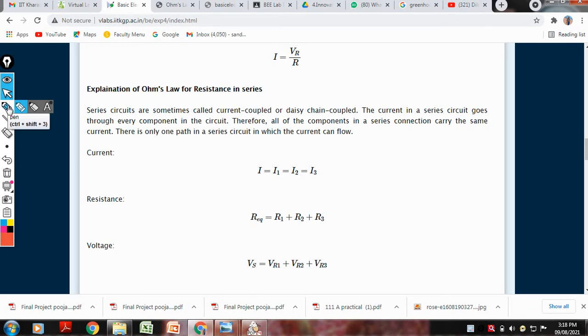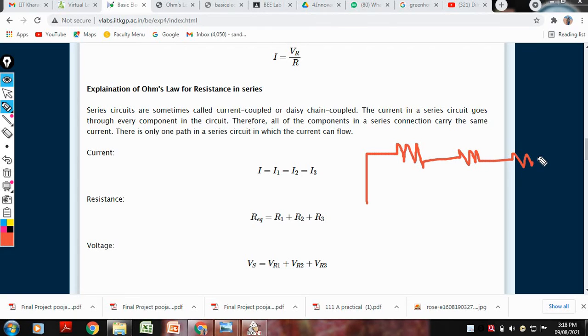Then here we need an important parameter, that is the circuit explanation. Now here we consider three resistances, first, second and third.